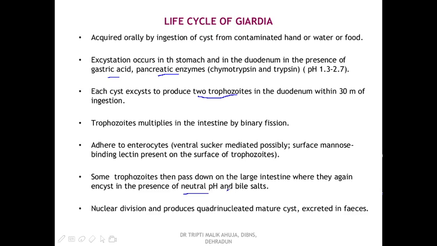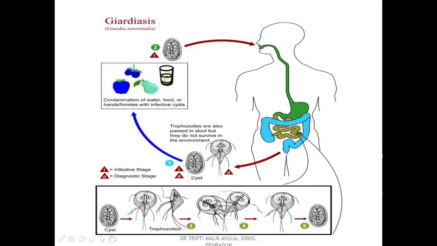Nuclear division occurs in the cyst, and the quadrinucleate mature cyst is produced, which is excreted in the feces. These cysts are picked up by a healthy person from the soil, from the water, or from vegetables etc., which are contaminated with the cyst of Giardia.